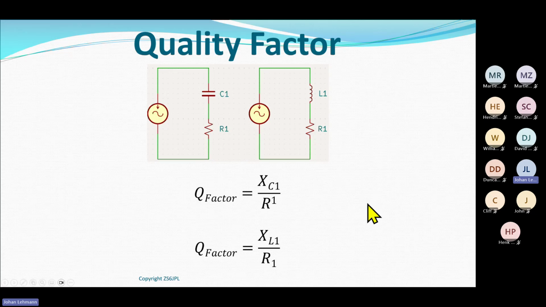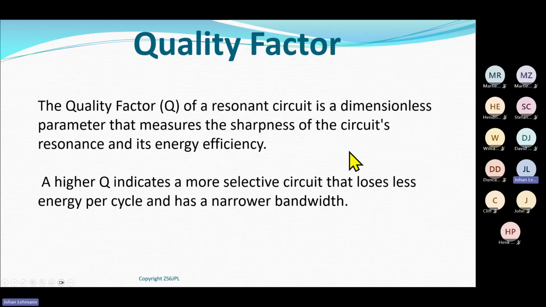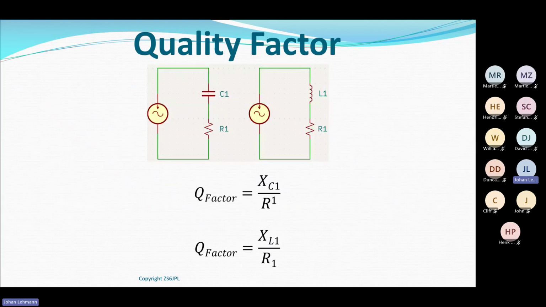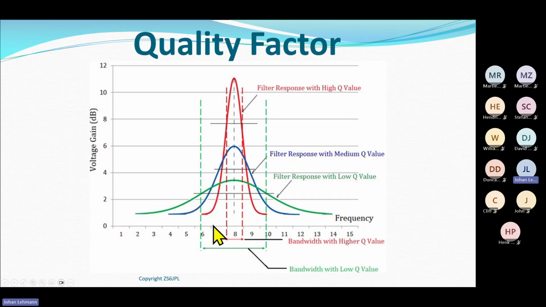And if I want a specific Q value for my circuit, I've got to make sure I select the right type of capacitor and the right type of inductor so that I get the quality factor that I want to pass my frequencies. Why is this important?